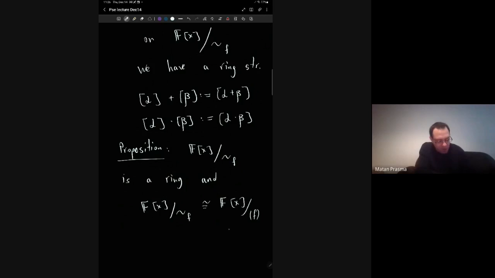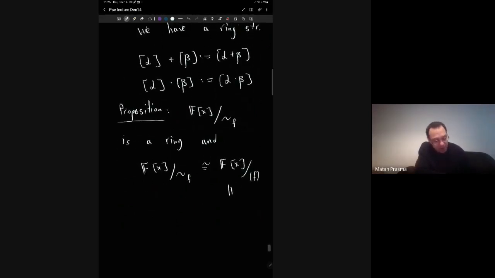Remember, this one as a set was defined as the collection of all remainder polynomials R in F[x] with the degree of R smaller than the degree of f.